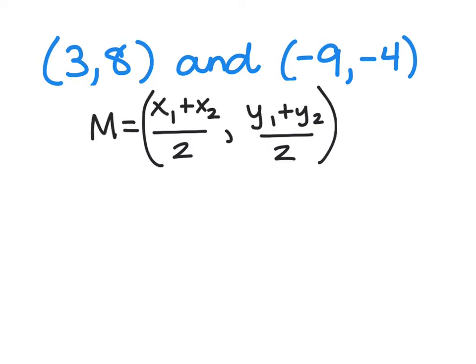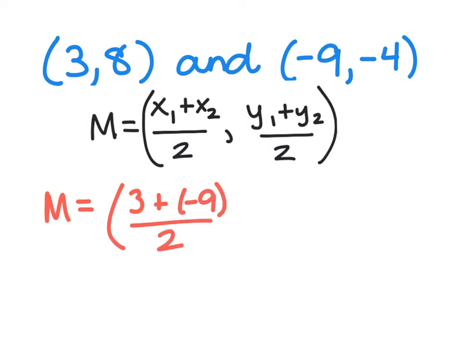So M equals x1, which is 3, plus x2, which is -9, divided by 2, and then y1, which is 8, plus y2, which is -4, divided by 2.